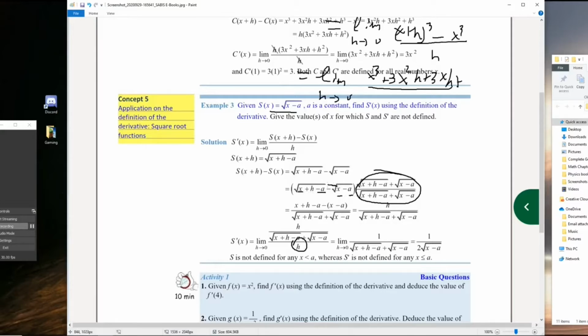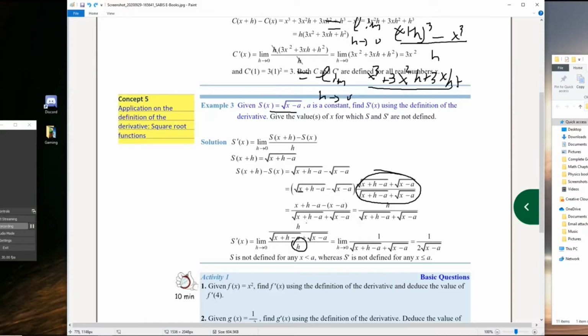So if you were somehow merging these two and then subtracting them, like x plus h minus a minus x plus a, it's very tempting to do this and then somehow get rid of this stupid radical, and you end up with an h and you just cross. So how do you do it? Well, you multiply with the conjugate.